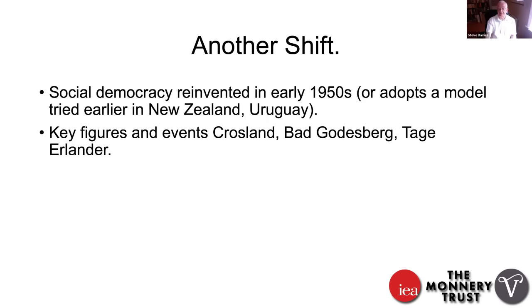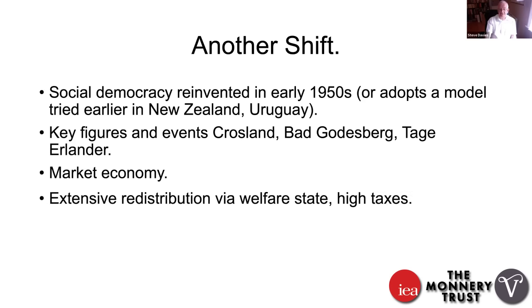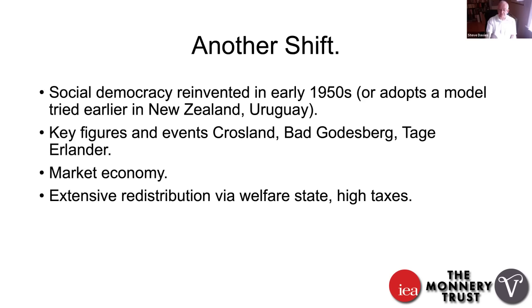So what was it? Well, first of all, you give up on the idea of having a completely or predominantly state-directed economy. Instead, you have an economy that is predominantly a market economy. Secondly, you combine that with extensive redistribution via a very large welfare state and high taxes on high incomes.